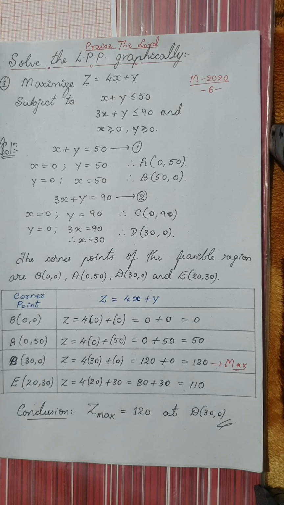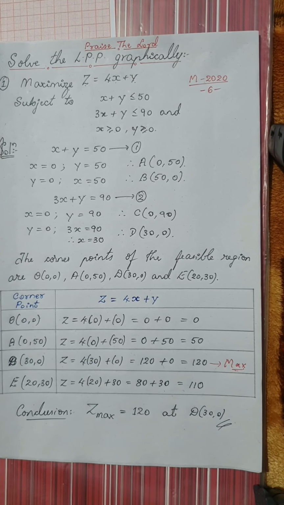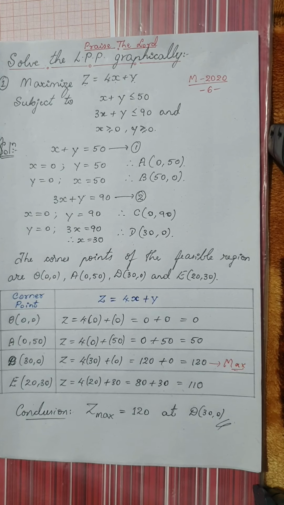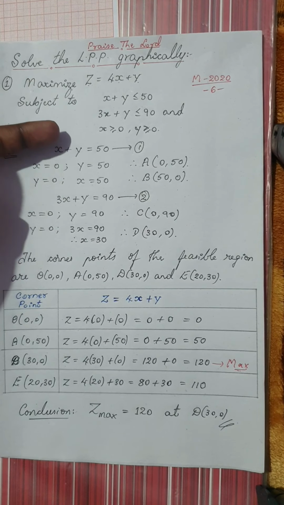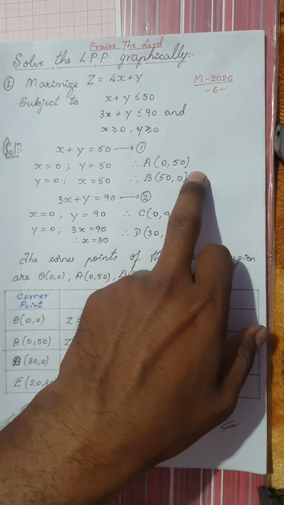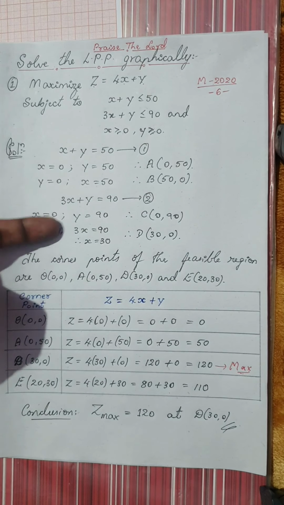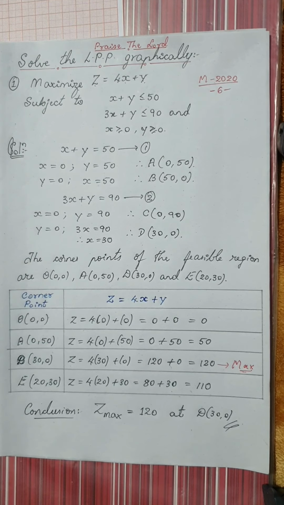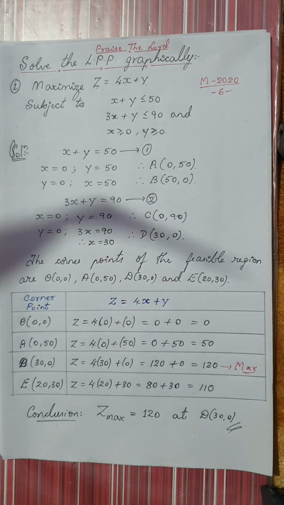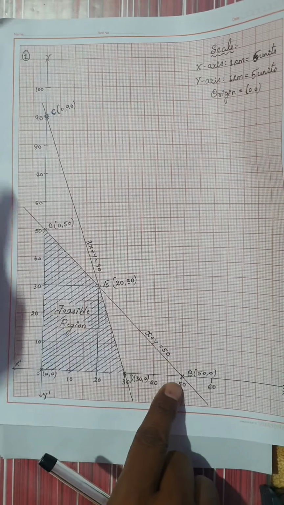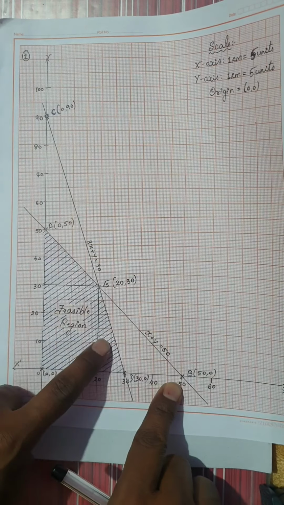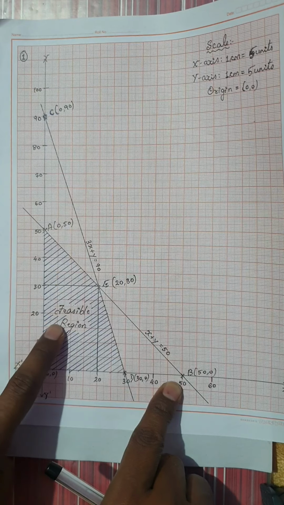Please be very careful, do it step by step. First I repeat the procedure: take the inequality, convert it into equality, find 2 points, and do this for all the inequalities. In this case there are only 2. Once you get the 4 points, plot the points and draw the lines. Please be careful in finding the feasible region.